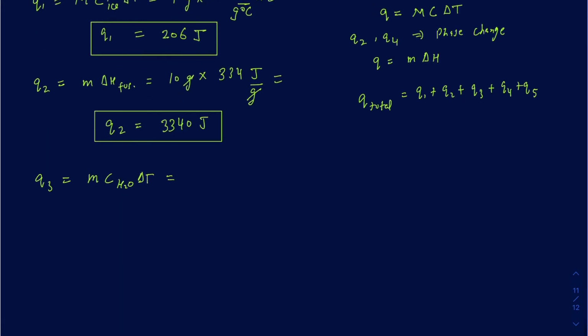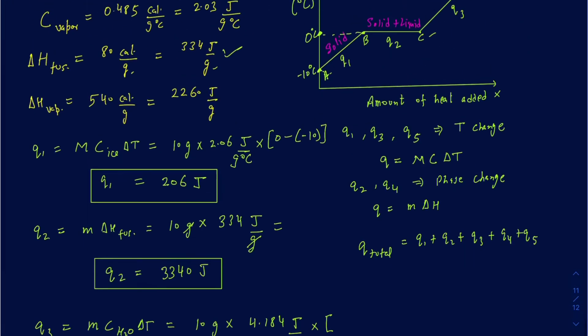The mass is still going to be 10 grams. The specific heat capacity of water is 4.184 joules per gram degree Celsius. Now the change in temperature is going to be T final minus T initial.